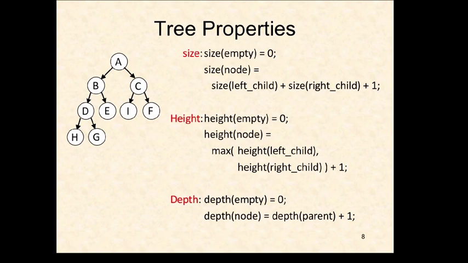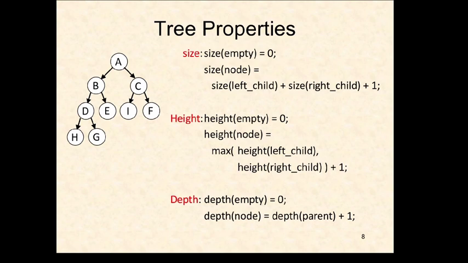Now, we're going to have some properties here which are going to be important, and the definition here may seem a little bit counterintuitive at the start, but it's nice and consistent, and it's going to fit in well with something we're going to do later on in the semester. If I ask you what is the size of a tree, by logic, it's all the nodes in the tree.